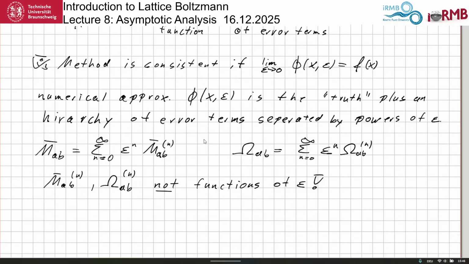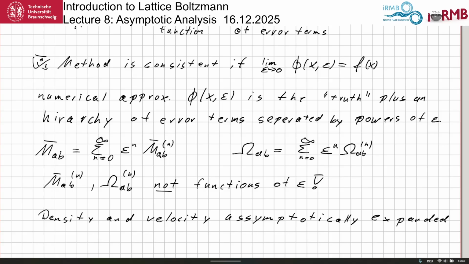This of course applies also to the macroscopic variables, which are of course moments. So we have the density and velocity, and we can do an asymptotic expansion.